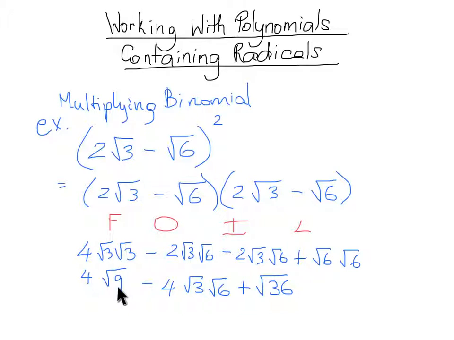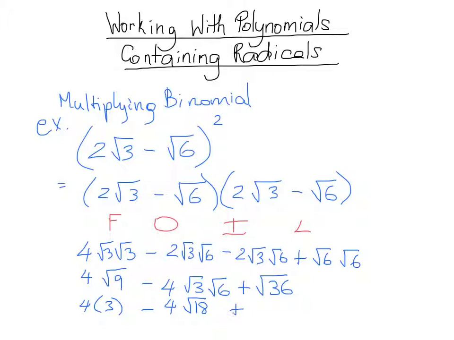We know that the square root of 9 is actually 3, so that is 4 times 3 minus 4. Here we have root 3 times root 6, which is actually root 18, so let's put that there.